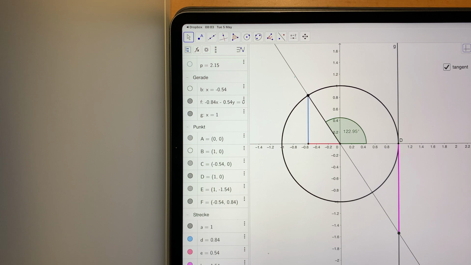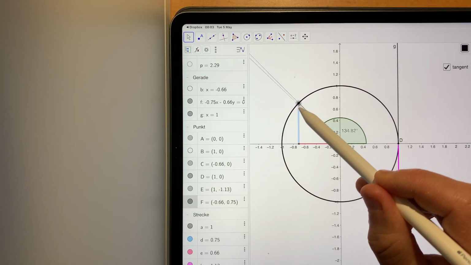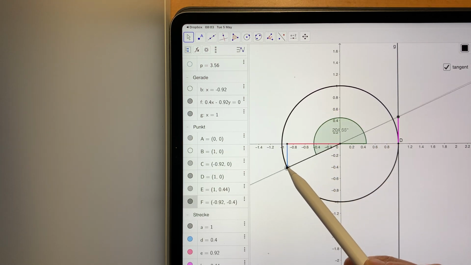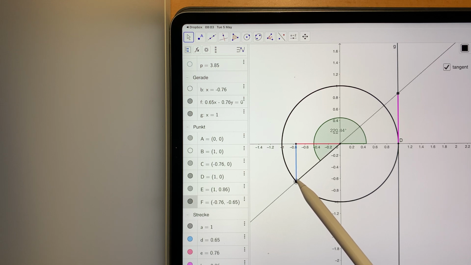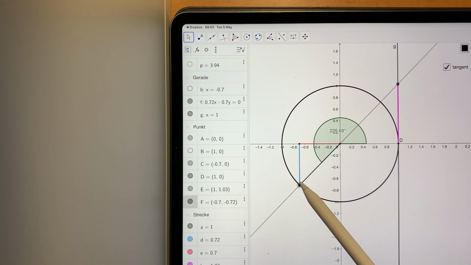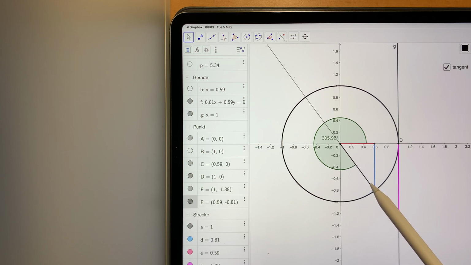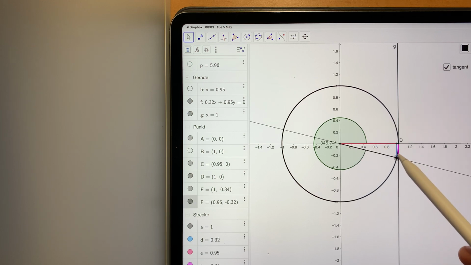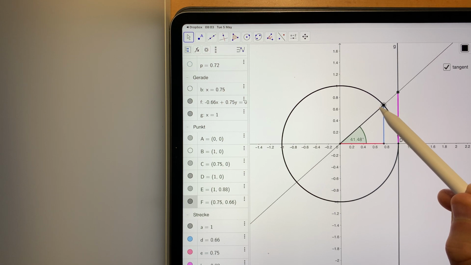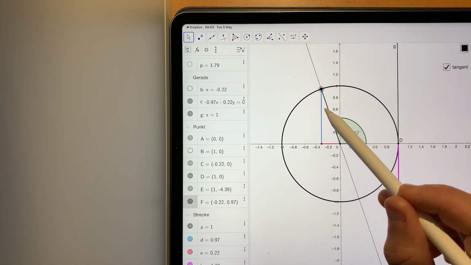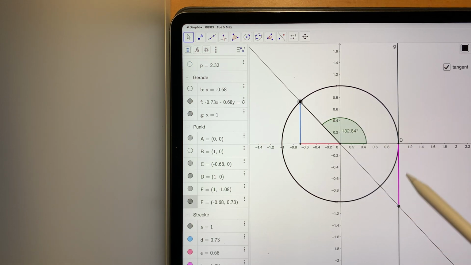Look, this is how your tangent behaves. For an angle in the third quadrant, you have your tangent up there. For an angle in the fourth quadrant, it's down here. For an angle in the first quadrant, it's again over there. And for an angle in the third quadrant, it's again down here. So this is how your tangent works.